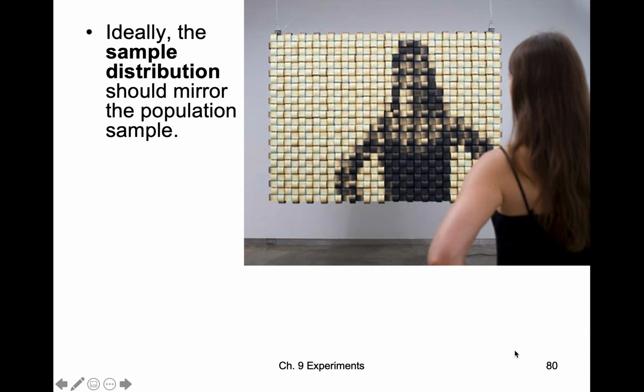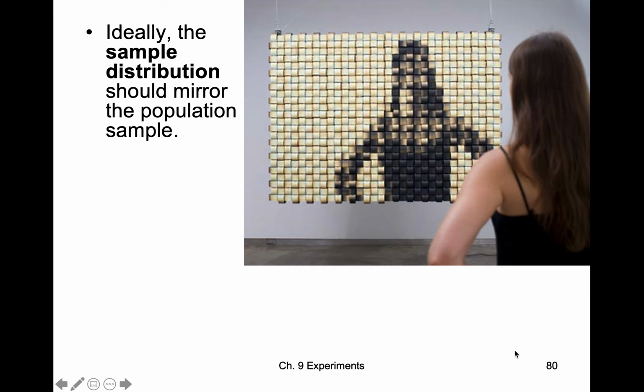Now, ideally, the sample distribution should mirror the population. That's why you take a sample. Maybe we take a sample of people to see what kinds of food people have been eating, and we talk to 500 people, and people say, my COVID-19 diet is I'm eating more fresh vegetables, or maybe it's I'm eating snack food and ice cream.